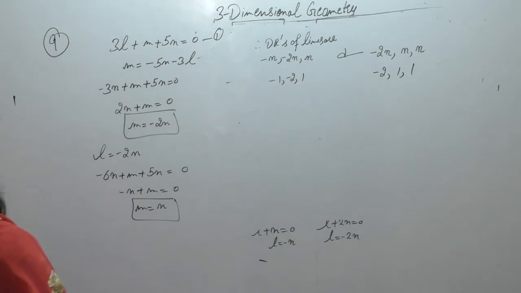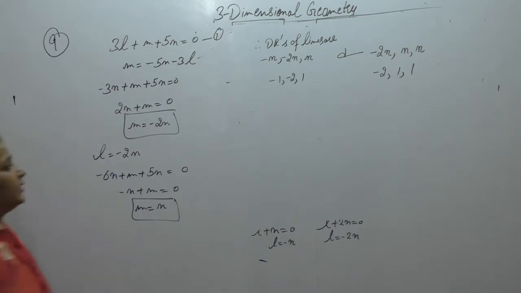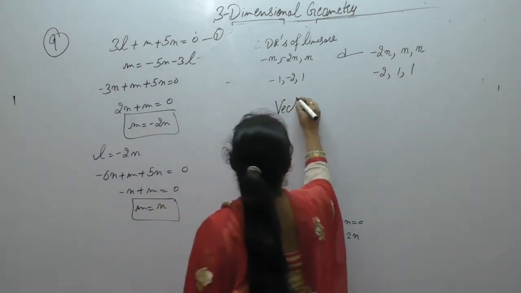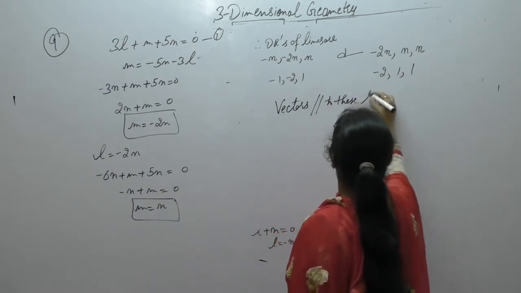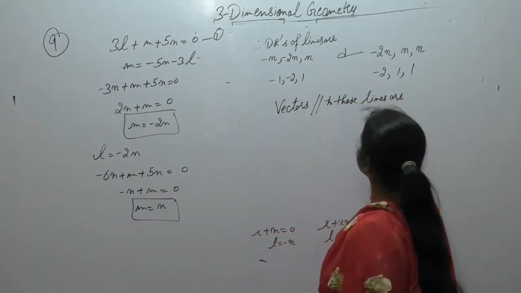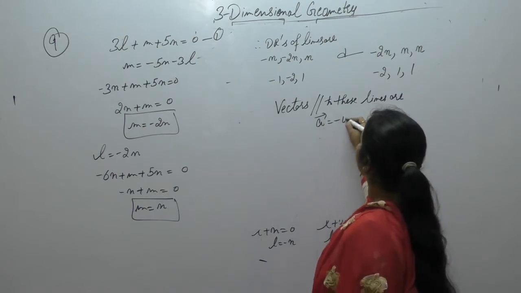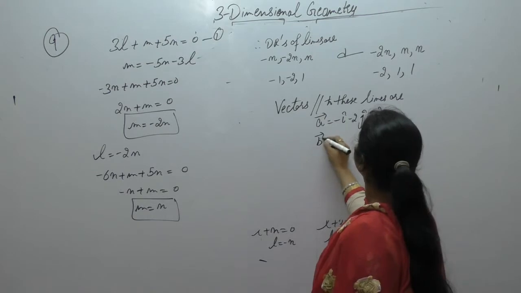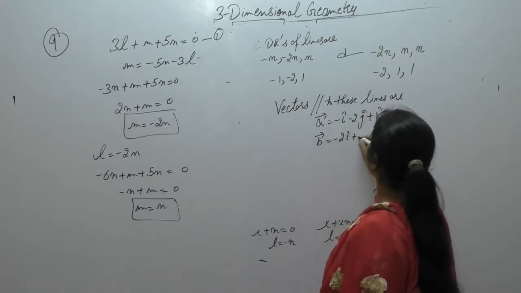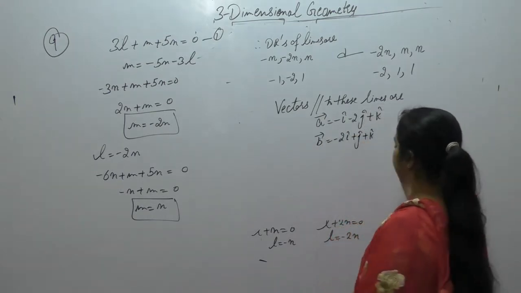Direction ratios of the lines are proportional to this. Now vectors parallel to these lines are A vector = -i - 2j + k, B vector = -2i + j + k.